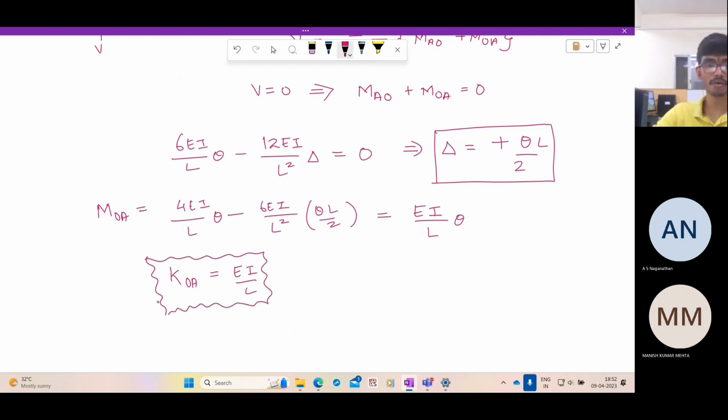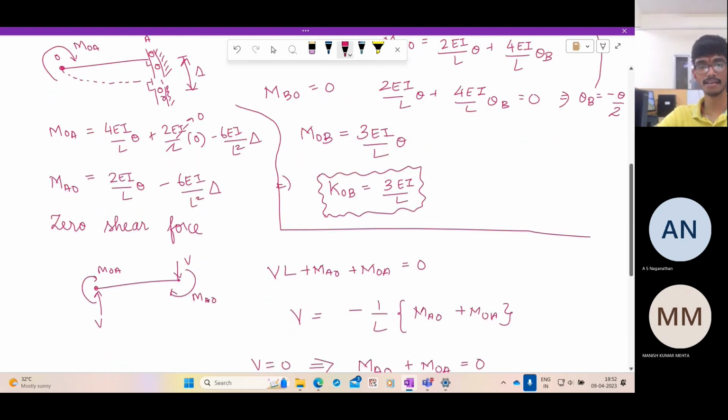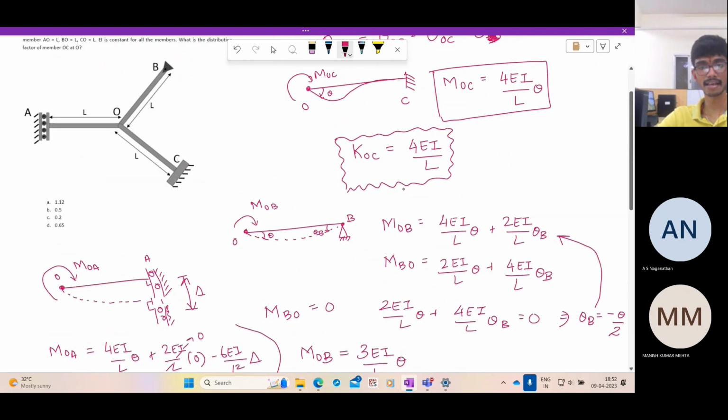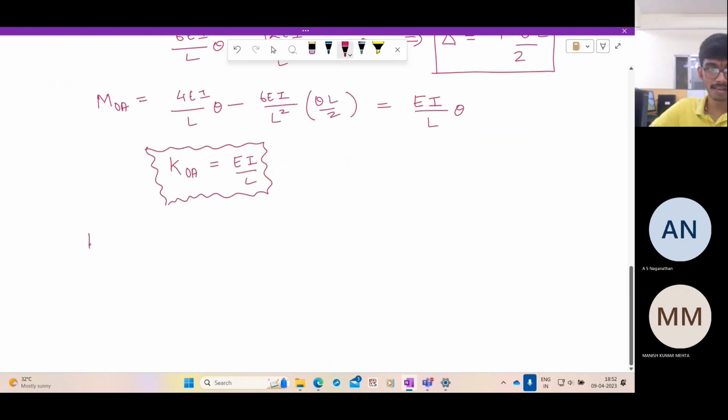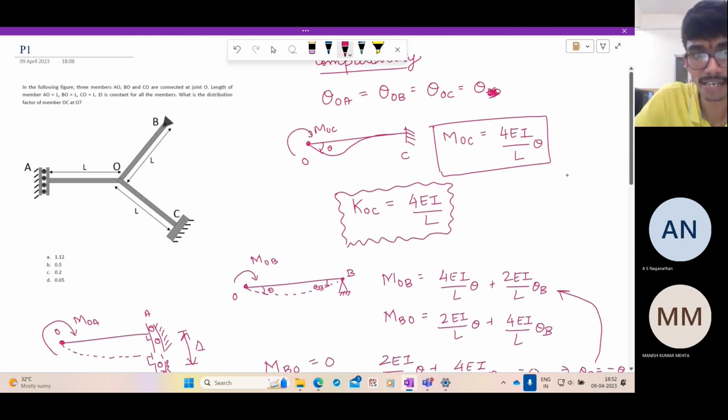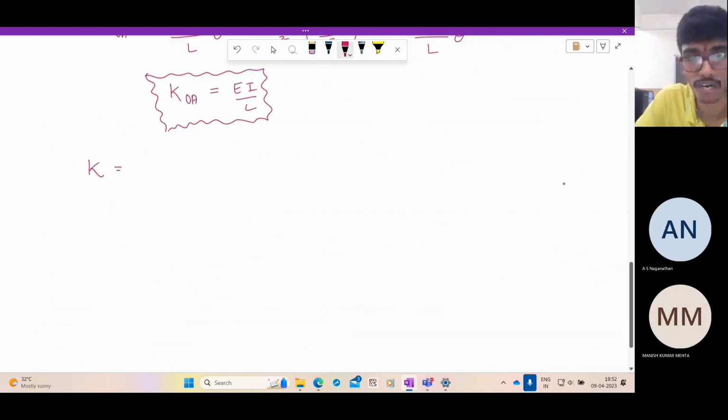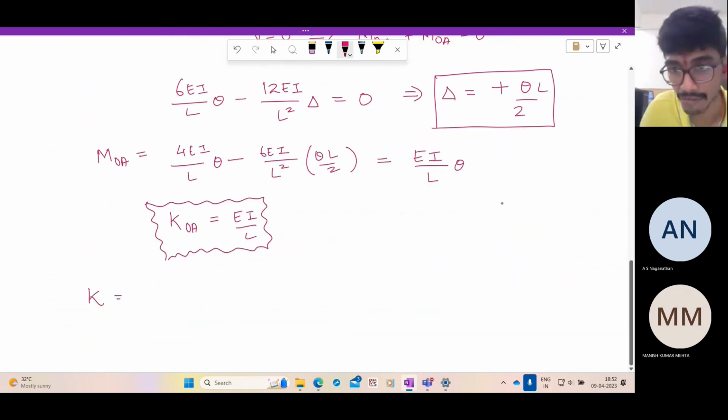So we have KOA is equal to EI by L, KOB is 3EI by L, and KOC is 4EI by L. So what is the joint stiffness? You can draw an analogy between this and springs in parallel. This is exactly what we have if we have a rigid plate.